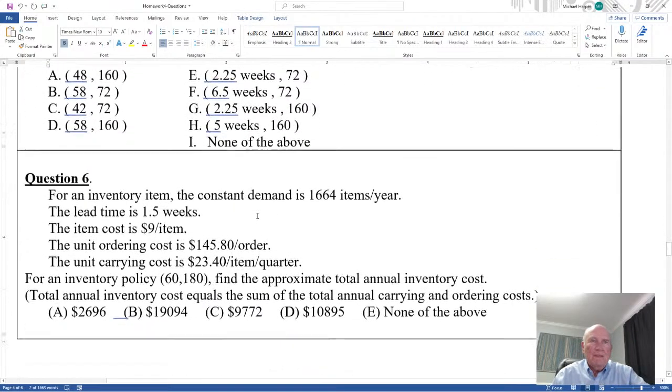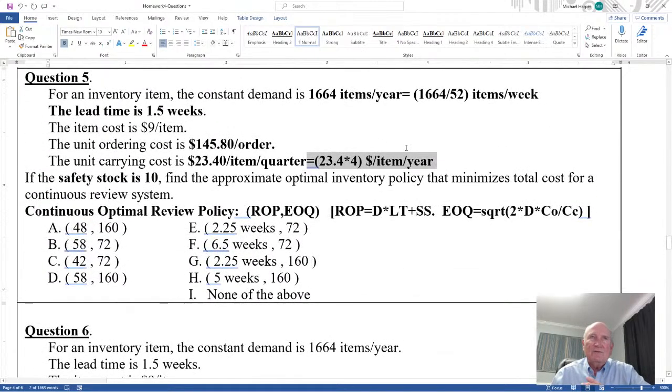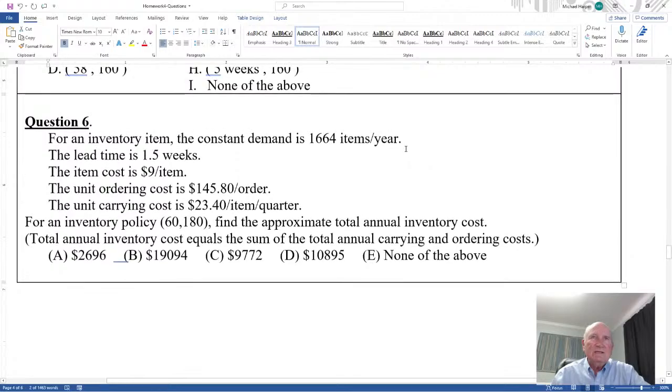Okay. Now question 6, and that's how you solve question 5. Question 6, for an inventory policy, I give the inventory policy, find the approximate total annual inventory cost. Okay, in that case, here we go.